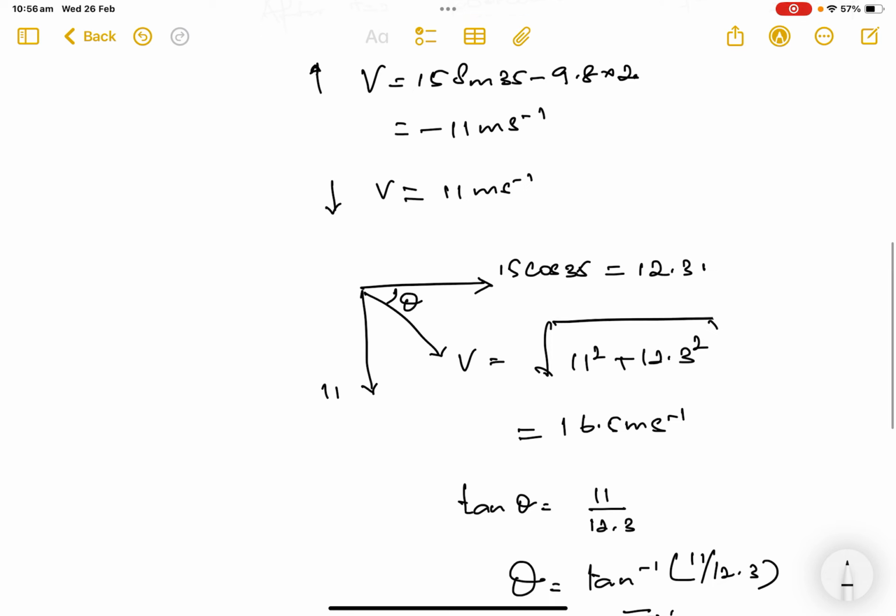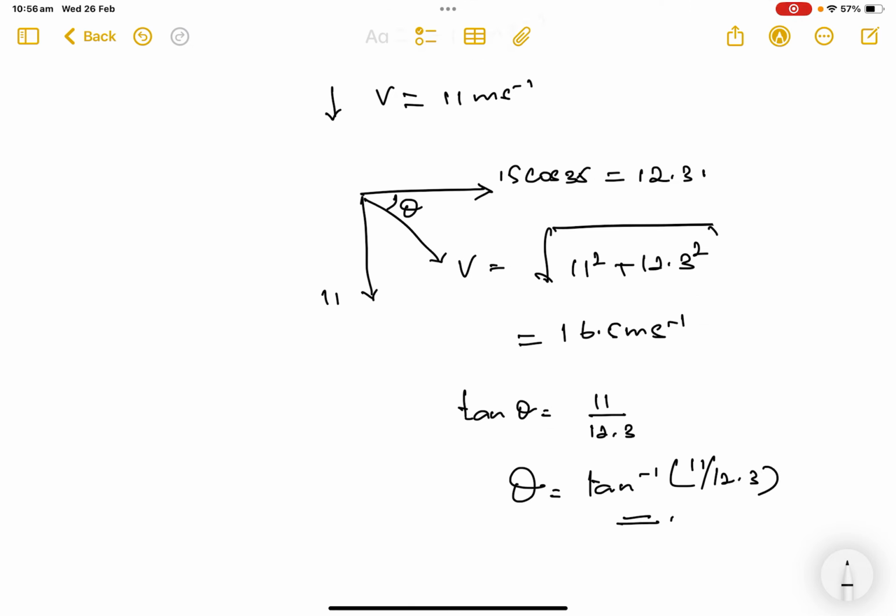The horizontal speed will not change throughout the projection, so that is 15 cos 35, which is approximately 12.3 with a calculator. And 11 vertically down. We need the speed, not the vertical or horizontal speed, so we work it out.